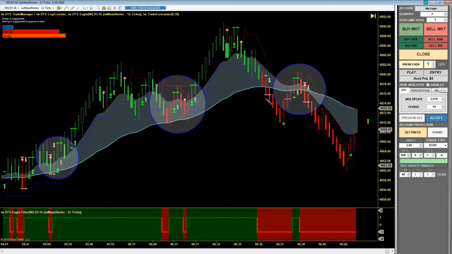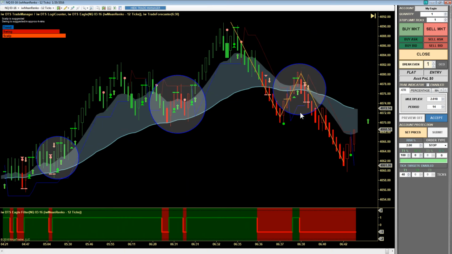So the rule of three means that we're printing three signals against the trend. So the band is bullish, but we're printing three sell signals. The rule of three must always be preceded by a test of the highs and a failure. Obviously, if this were a downtrend, it would have to be a test of the lows.